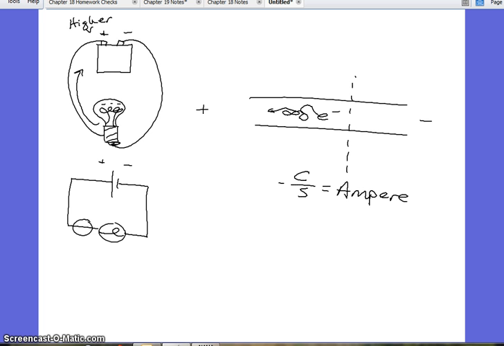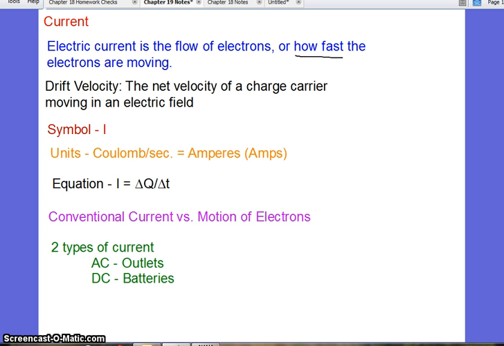And so the equation is that the current I is equal to the total change in charge that passes that point, divided by the time. Again, it looks like our speed equation: distance over time, only in this case it is the amount of charge over the time.